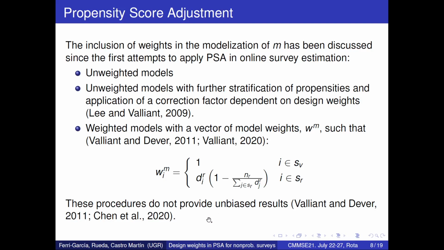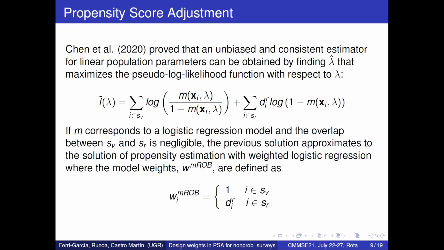So, in this context, Chen, Li, and Wu in 2020 developed a consistent and unbiased estimator of linear parameters by maximizing the pseudo likelihood function, this one here, with respect to the vector lambda of parameters of the model. If a logistic regression model is used to estimate propensities, then this vector lambda is equivalent to the regression coefficients of the model.